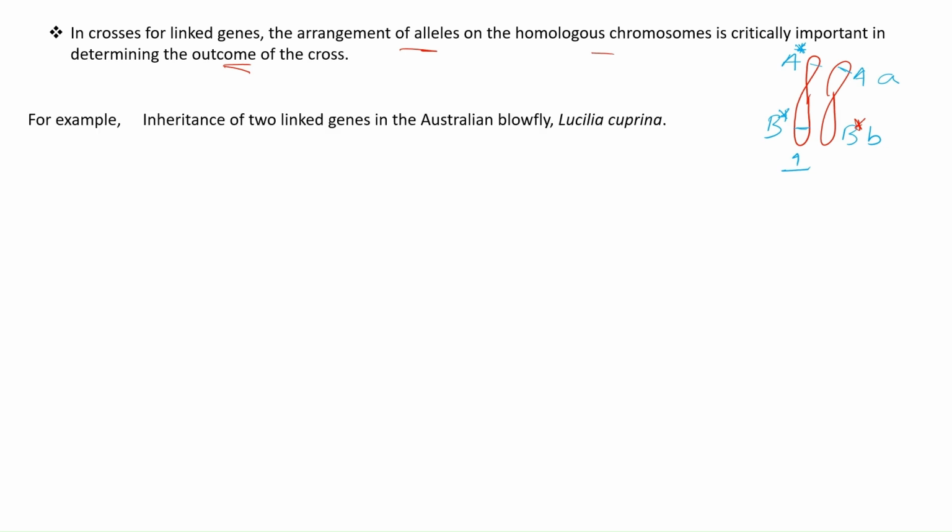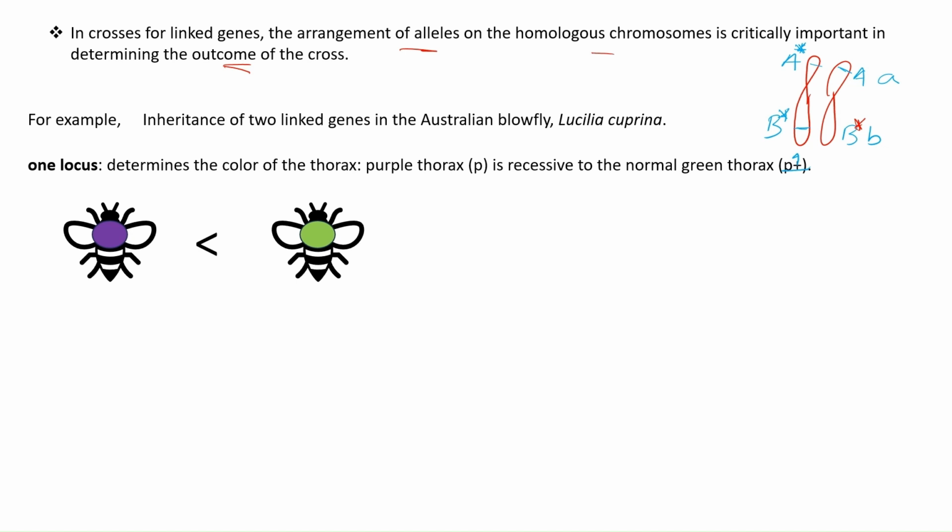cross. For example, inheritance of two linked genes in the Australian blowfly, Lucilia cuprina. Now, in this example, we are talking about one locus which determines the color of the thorax, purple thorax and green thorax. Purple thorax is denoted by small p, a recessive character, and green thorax is represented by p plus, which is normal.